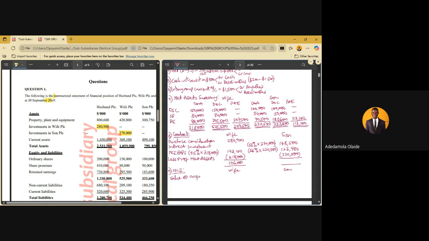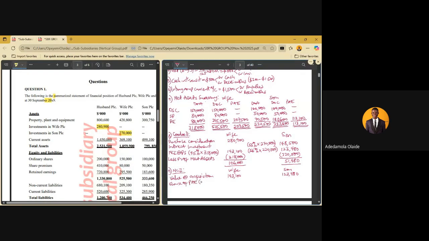For son, 51,480. So the value at acquisition for NCI will be 143,100, then 123,480. Then we have share of post acquisition earnings.